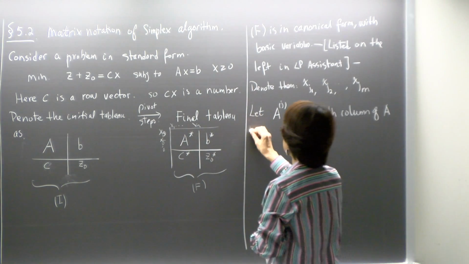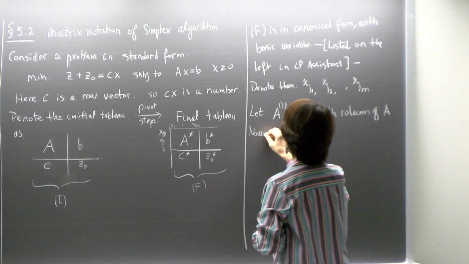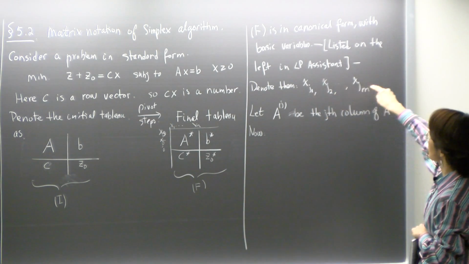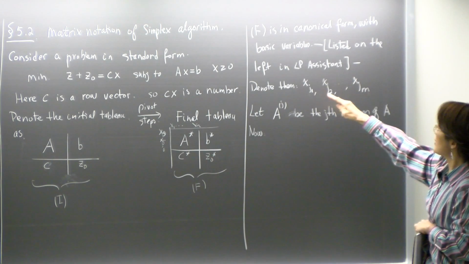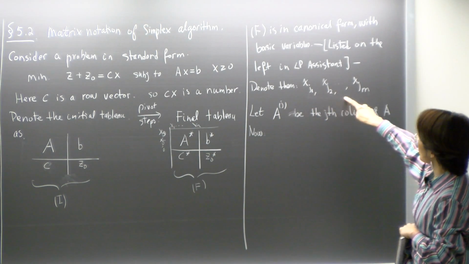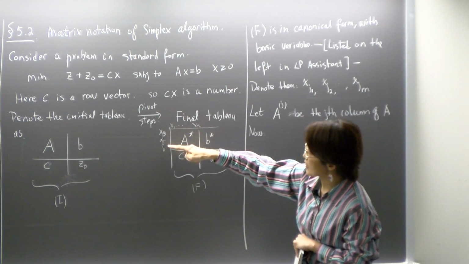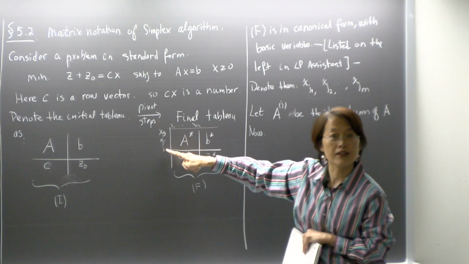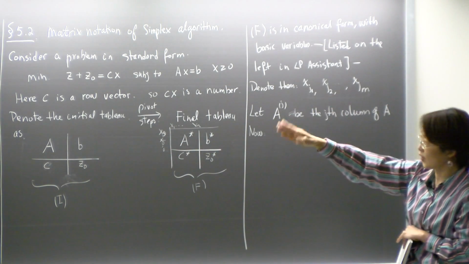Now I'm going to take out all these columns because I have m indices. Those are the basic variables. In this order, be careful, this order must be the same as they are ordered here, the top one to the last one. You can't randomly pick it. It has to follow that order.